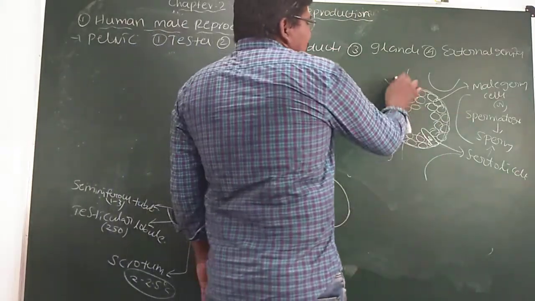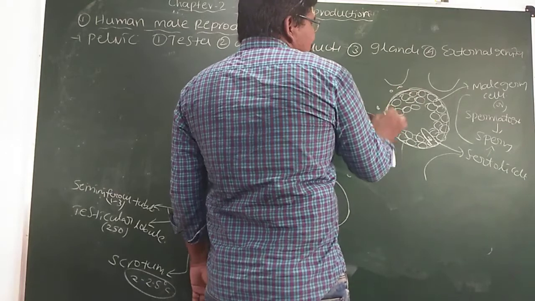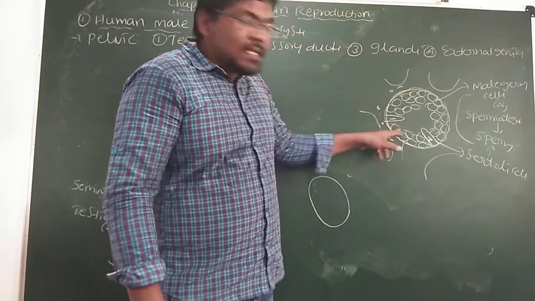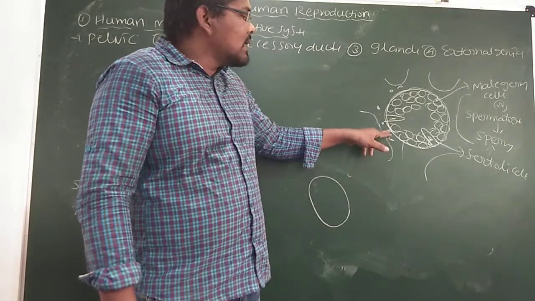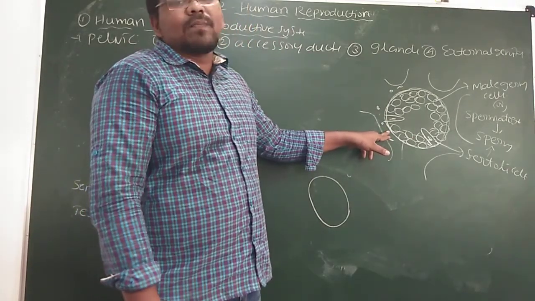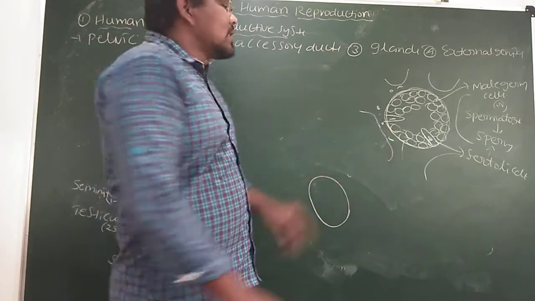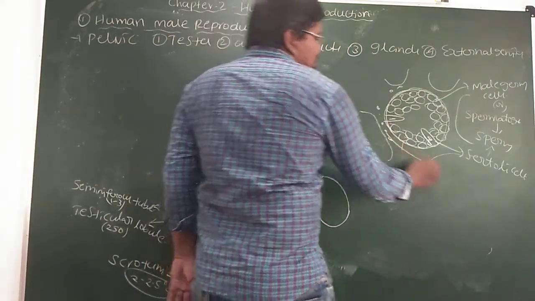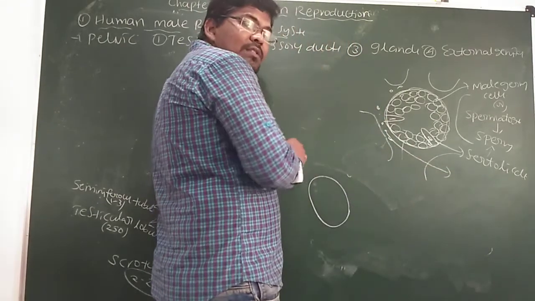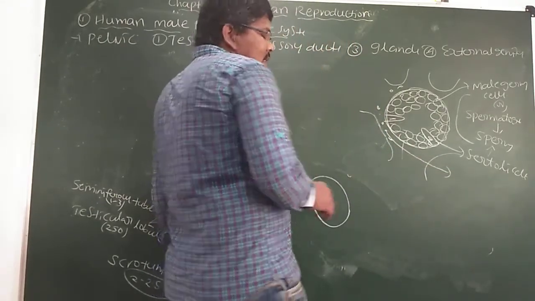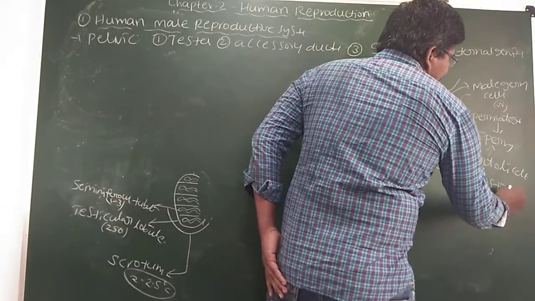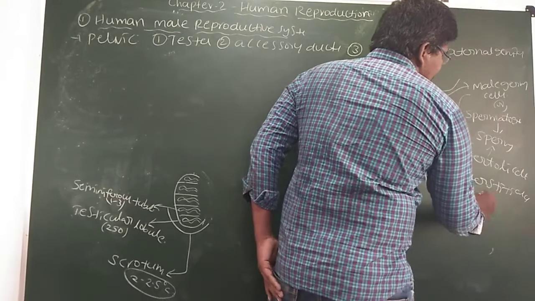After that, the space present in between the seminiferous tubules is called interstitial space. Interstitial space contains blood vessels and a special type of cells, called interstitial cells.